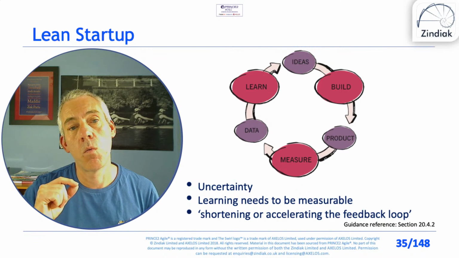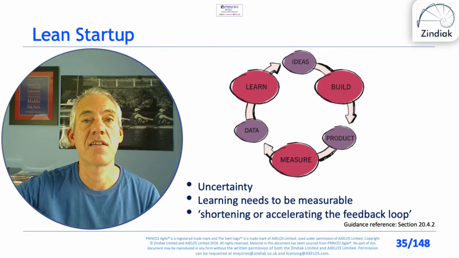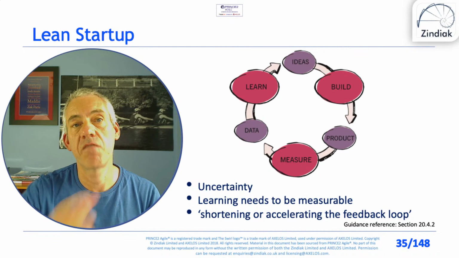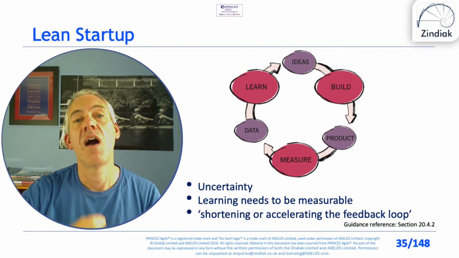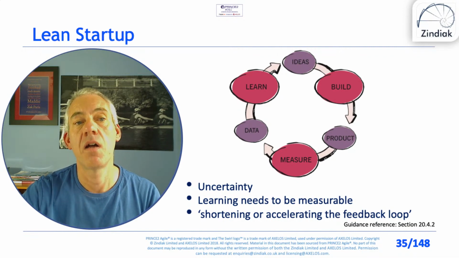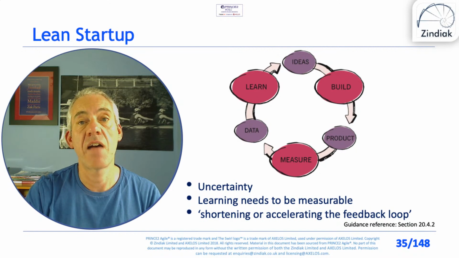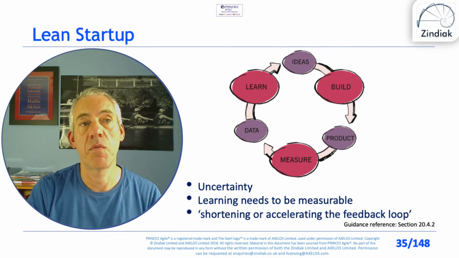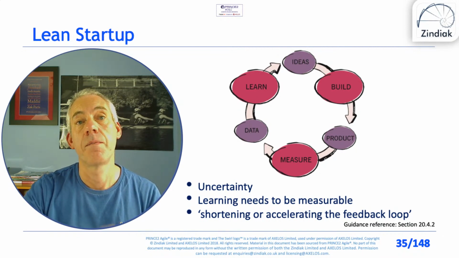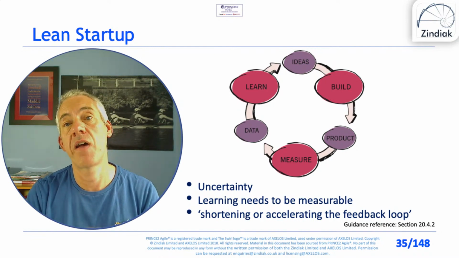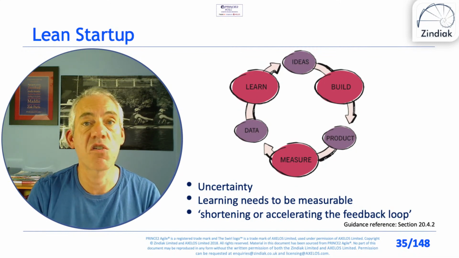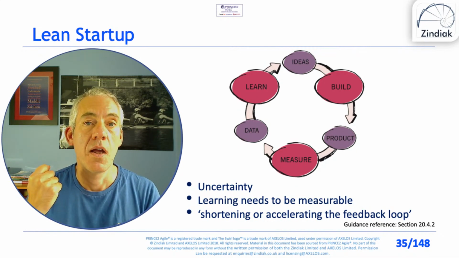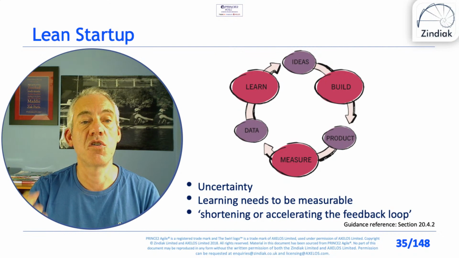So what it really encourages is getting something in front of the customer as quickly as possible. So build something, a minimum viable product, and release it, get in front of the customer so we can measure their feedback, we can get the data from their feedback, learn from that, come up with some ideas to improve it, build them in, release those. So it's very much an iterative, incremental approach to delivering value to the customer.